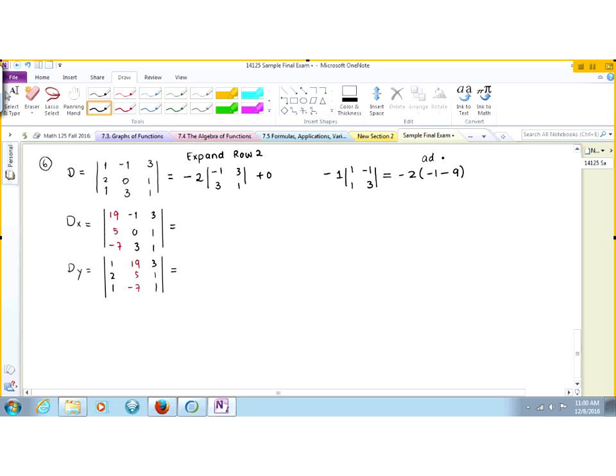Remember, AD minus BC. Minus 1 times AD. What is this AD here? AD is 3. That's the diagonal. 3 minus BC. What is BC? -1. So this changes to +1. Are we okay so far?